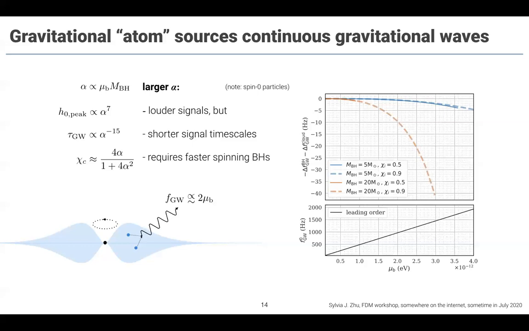Then what you get is a flash, a short burst of gravitational waves. There actually are searches that look for unmodeled transient signals, unmodeled bursts of gravitational waves. I don't have a good handle on how strong these signals are expected to be or how frequently they would occur. But you could imagine using a different type of gravitational wave signal to put some constraints on that type of particle.